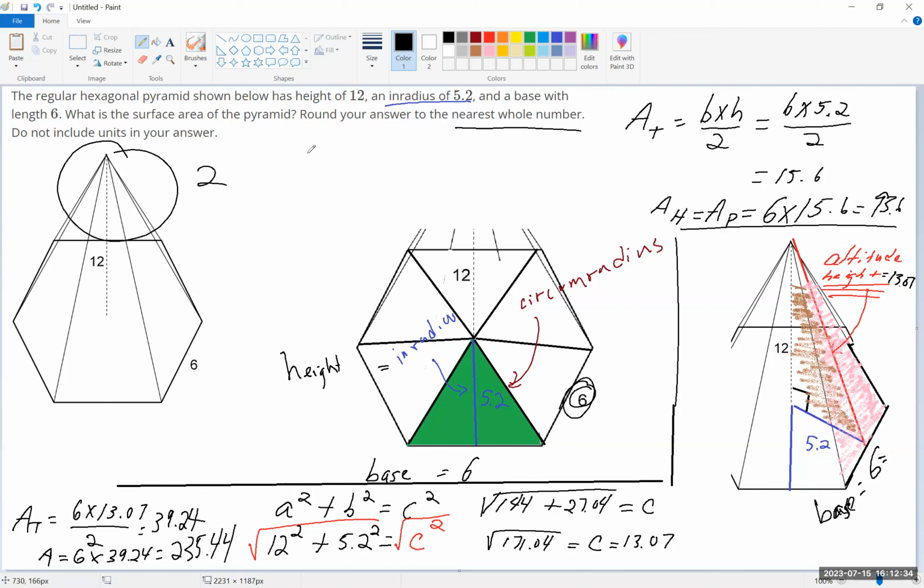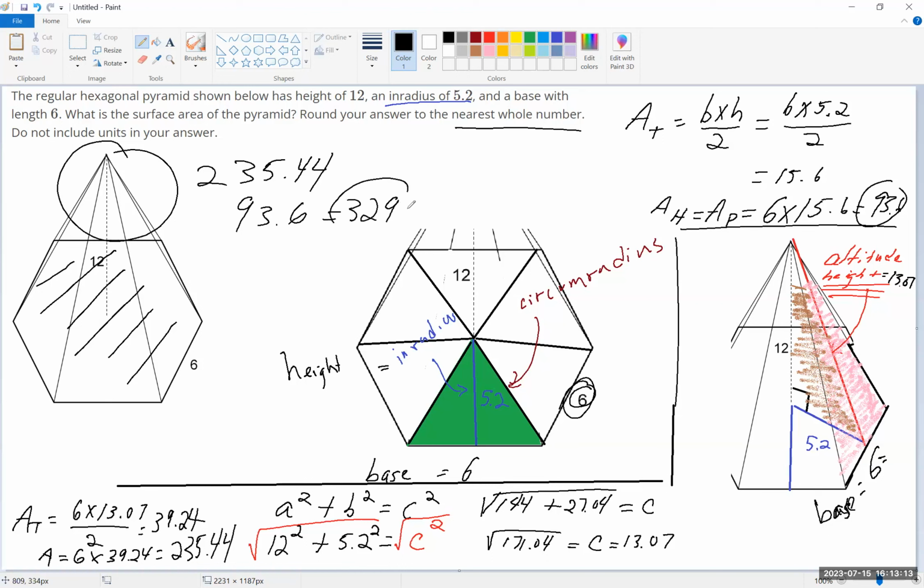So 235.44, and then the inside is this computation, 93.6. And so it's 93.6. And I'm getting 329 as the final answer.